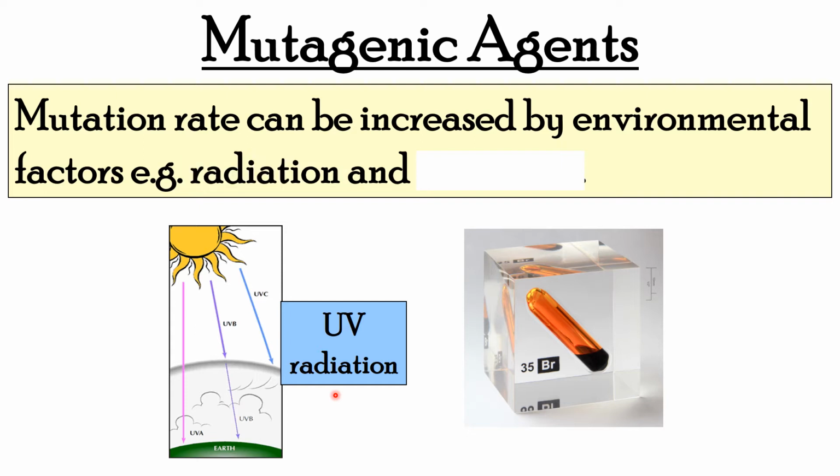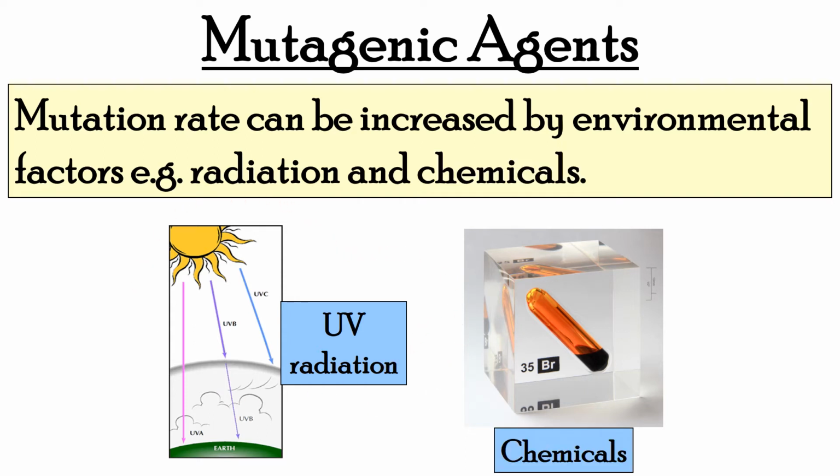So radiation can cause mutations, and certainly around places where there's been a nuclear accident, like Chernobyl, mutations have occurred within some of the plant life, and I guess there will have been amongst larger organisms as well, but that's something that's being studied. And also certain chemicals can cause mutations too. So it does happen. It happens randomly in all of us, but there are these environmental factors which can increase the rate of mutations.